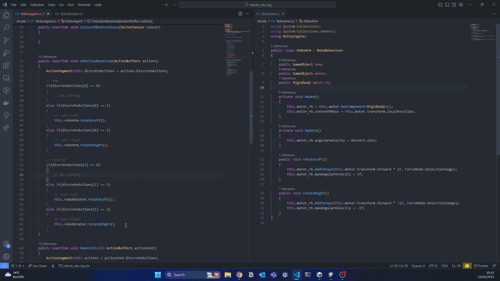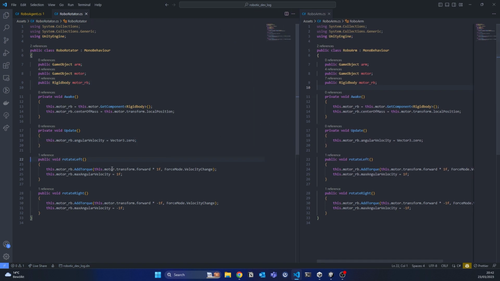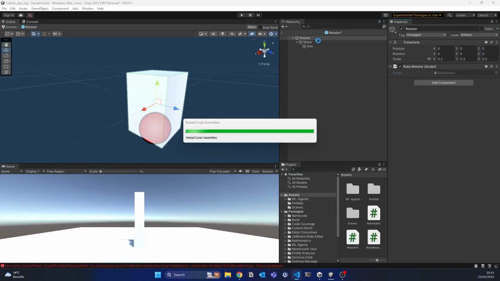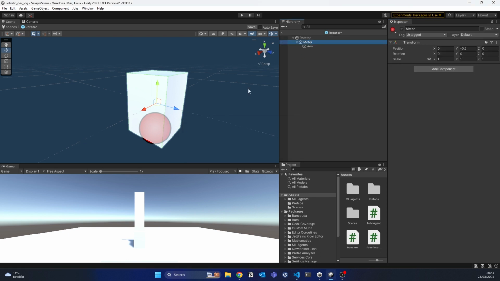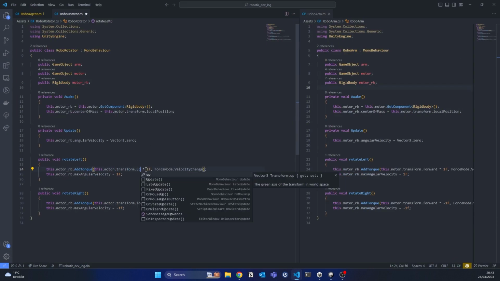Okay. Actually, now that I think about it, we probably don't want to rotate in this specific direction here. So let's double check this. For the motor, we want to use the up direction to rotate around instead of the forward direction. Yep. So up.